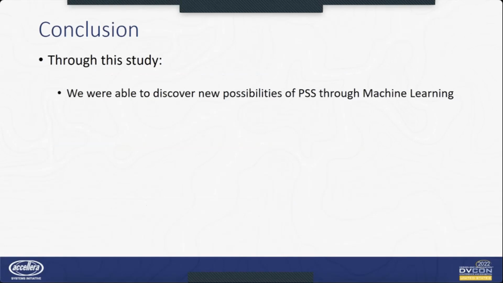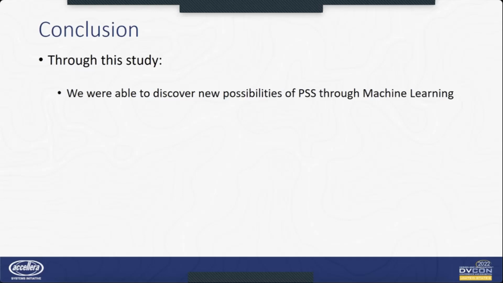And the PSS was able to create complex target conditions using machine learning that were difficult to reproduce. I'm sure that the PSS solution combined with machine learning techniques will be an innovative methodology that can dramatically expand our verification coverage.